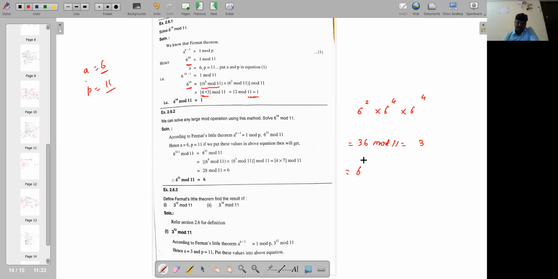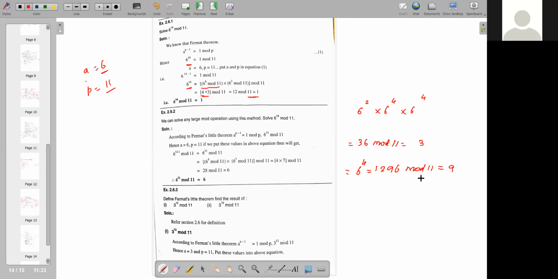So 6 power 4, what is 6 power 4? 36 into 36, 1296. 1296 mod 11, 9. Is it correct? 1296 mod 11.